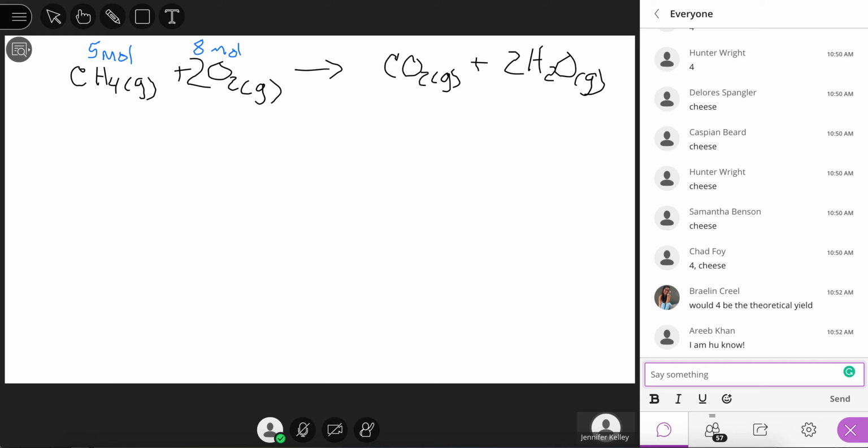Then I want to know 2 things. Which one is the limiting reactant? And then how much of a product could I get? If they don't specify which product and they just ask which one is the limiting reactant, then you're just going to say, well, my methane could make a certain amount of water, or my methane also makes a certain amount of carbon dioxide.